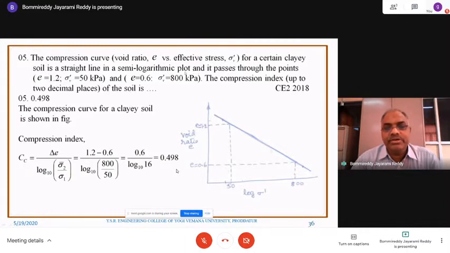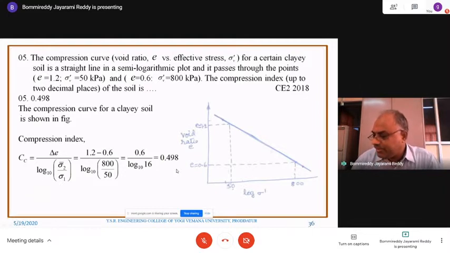You know that semi-logarithmic plot is drawn for the purpose of computing the compression index, and it passes through the points e 1.2 at 50 and e 0.6 at 800. The compression index is. So you can look at the diagram. It is very clear, clearly explained.